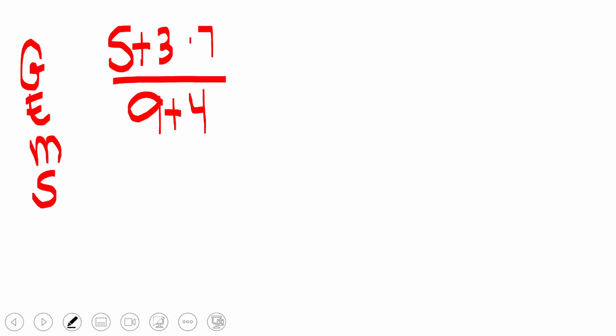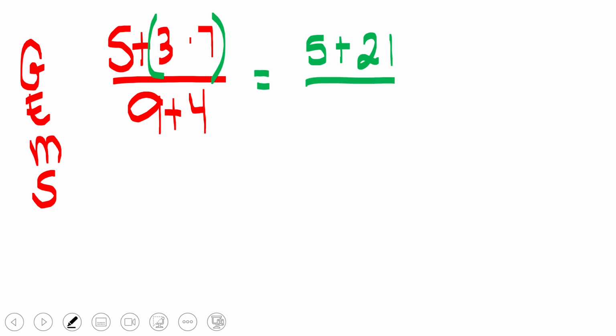So to do this, we need to multiply our 2 terms in our numerator first and just repeat everything we see around it. 5 plus 3 times 7 would be 21. All over 9 plus 4, we can do that real quick. That's 13. All right, 5 plus 21 is 26, all over 13.